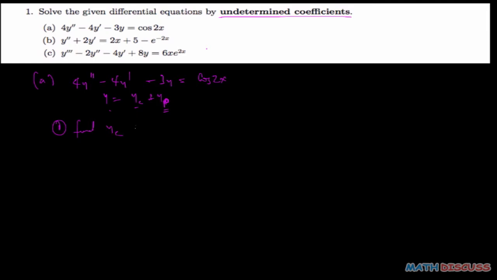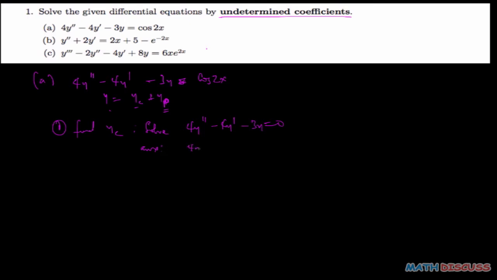So to find yc, I have to solve the associated homogeneous equation of this non-homogeneous differential equation, which is going to be 4y double prime minus 4y prime minus 3y equals 0. Now to solve this, the first thing you want to find is the auxiliary equation.